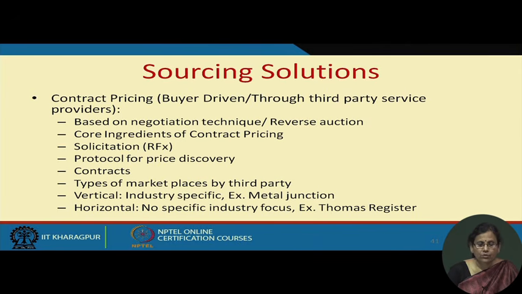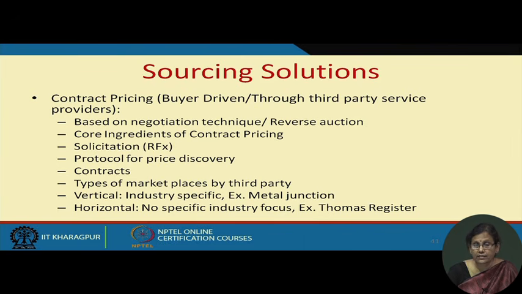Then it has to have a protocol for price discovery. Either it matches your traditional tendering system, where everybody gets one opportunity to submit their bid and the bids get opened, or it can be something else.